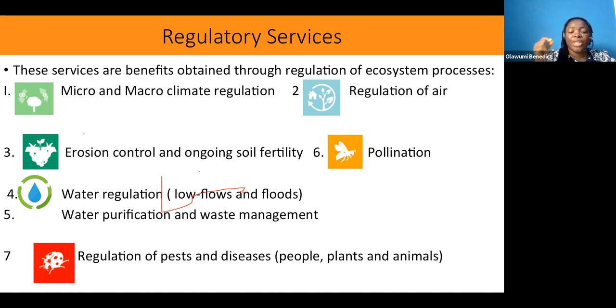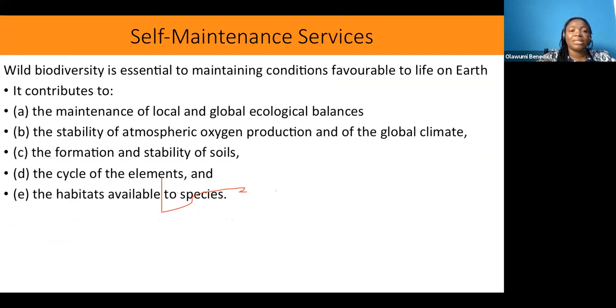One single small thing that we do can increase or decrease the pollinators in our ecosystem. So that's why some of the farms do not have, we are talking about bees. People are complaining that bees are nowhere to be found like before because of some of the practices that we've been engaged in. So we need to look at all these practices very well so that we have pollinators thriving in place.